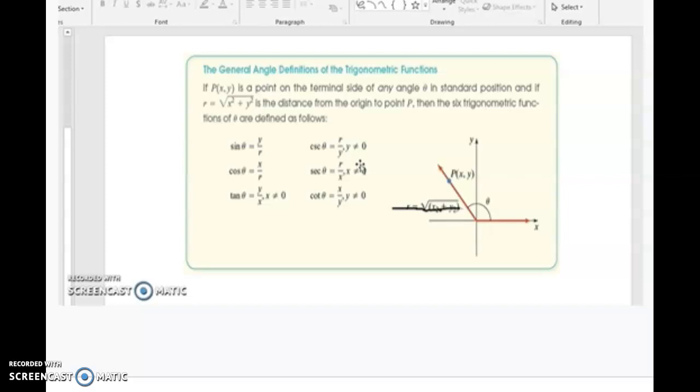So, of course, you should also learn these. Here, x and y, again, refer to the x and y values of a point on the terminal side of the ray, r standing for the radius. And we have a formula for finding the radius given the point.